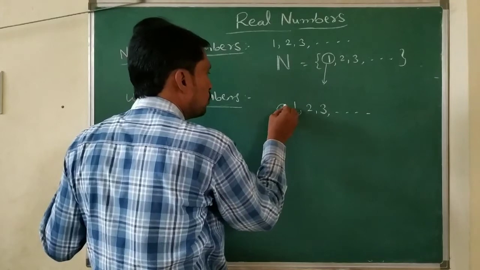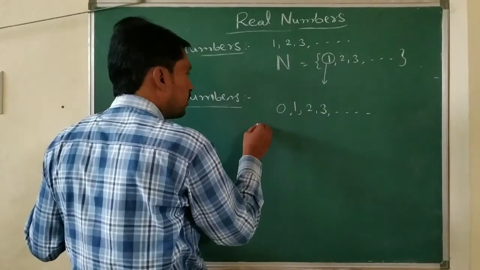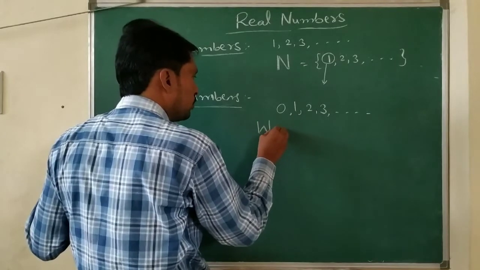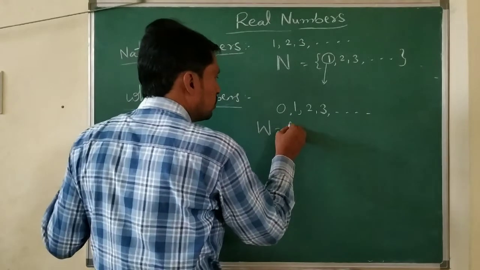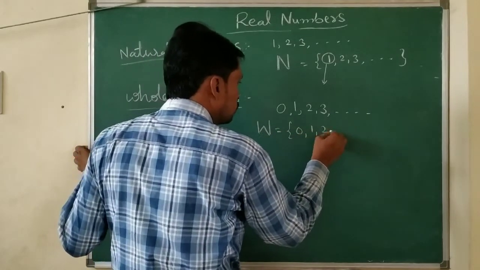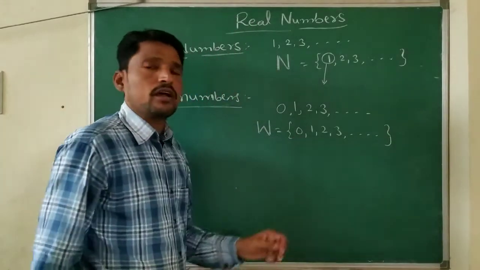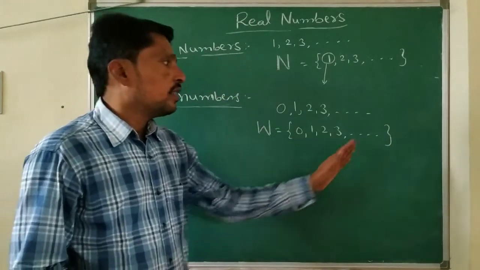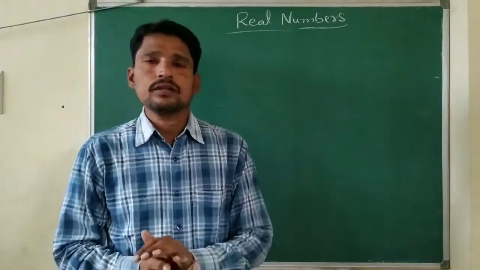Whole numbers are denoted by capital W. So the set of whole numbers W equals 0, 1, 2, 3, and so on. Here 0 is the smallest whole number, and the greatest whole number we cannot define.